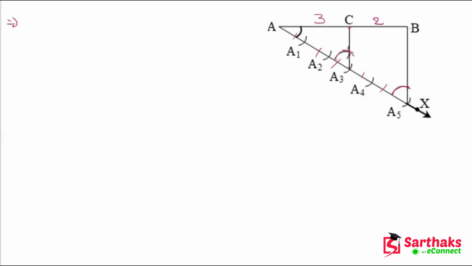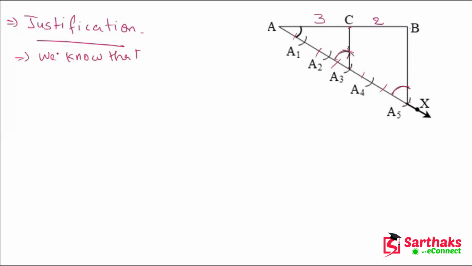So again we have to do the justification. How can we do it? Let's see the justification. Now we know that A3C is parallel to A5B.